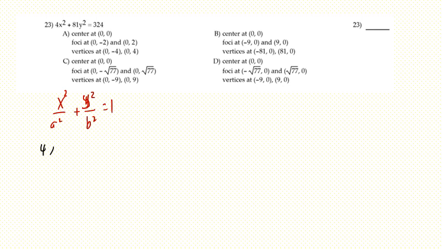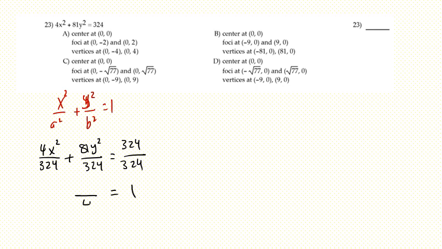So 4x squared divided by 324 plus 81y squared divided by 324 is equal to 324 divided by 324. Here is 1, here is 4, and here is 81. So here is x squared and here is y squared. Now, I want to find the vertices and foci, and I'm solving an ellipse.